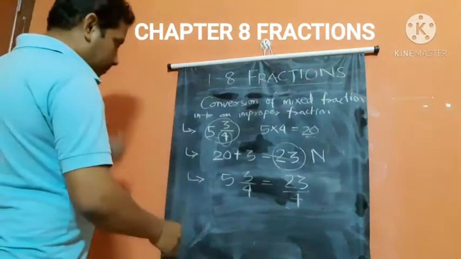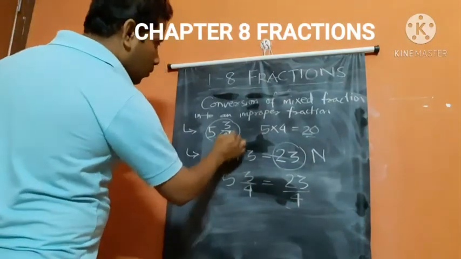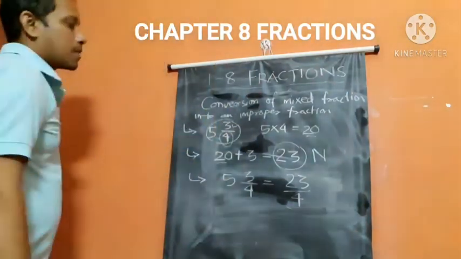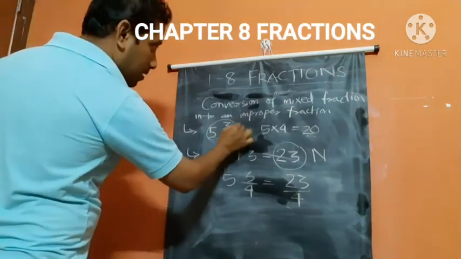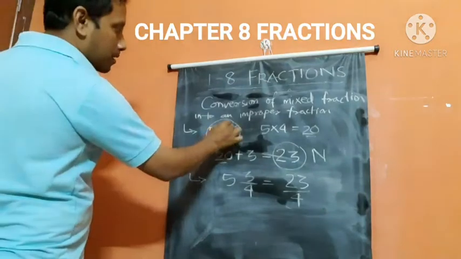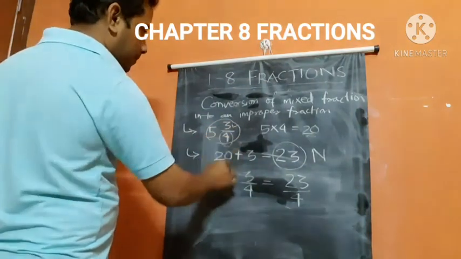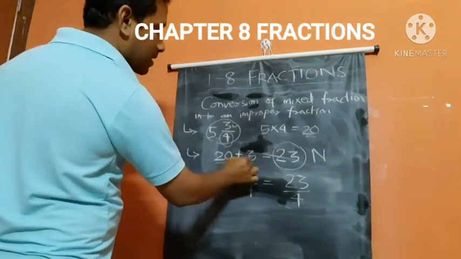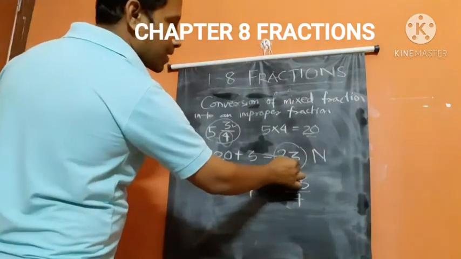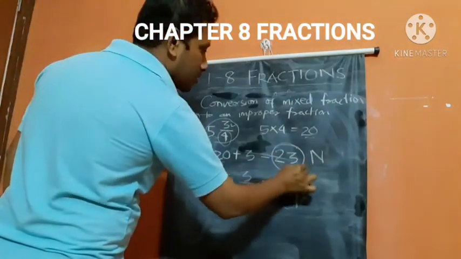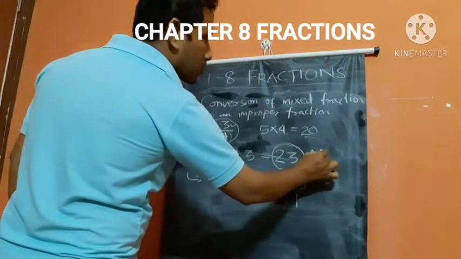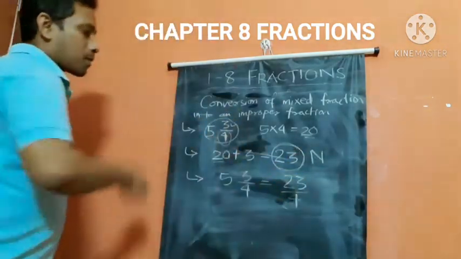Now second step: add this product to the numerator of the fraction part 3 by 4, that is 20 plus 3, we get 23, and this we will make the numerator of the improper fraction.